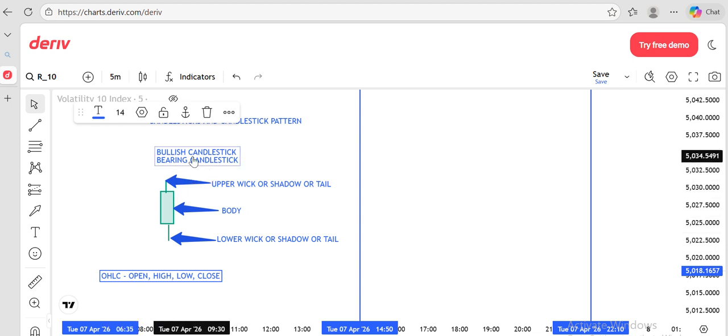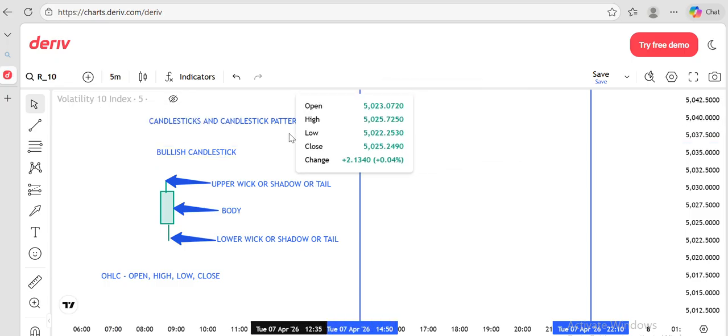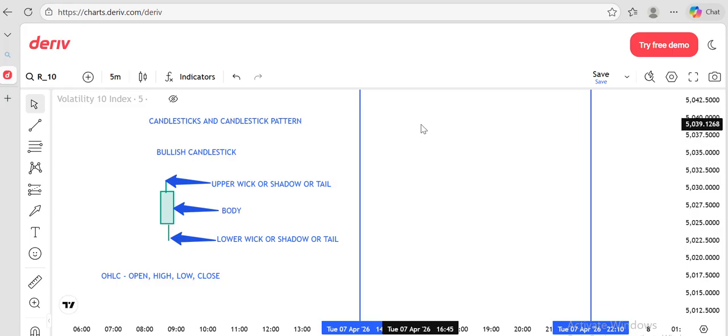So this is a bullish candle. This is how a bullish candle works. Do you get that? So let's use this part for a bearish candle.